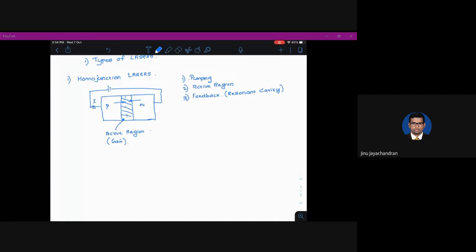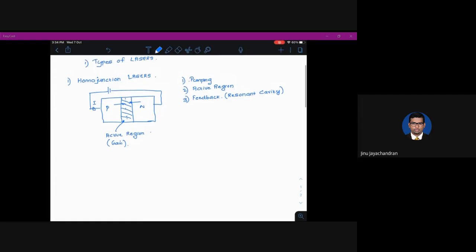The active region will now have a population inversion because of the pumping. As you supply more current, more population inversion happens. Now if you supply light to the active region, it will cause stimulated emission.